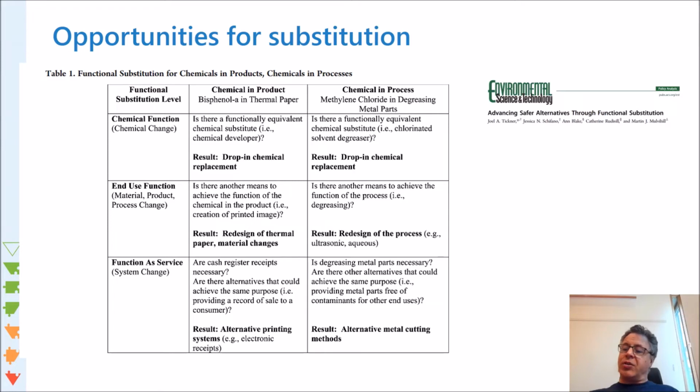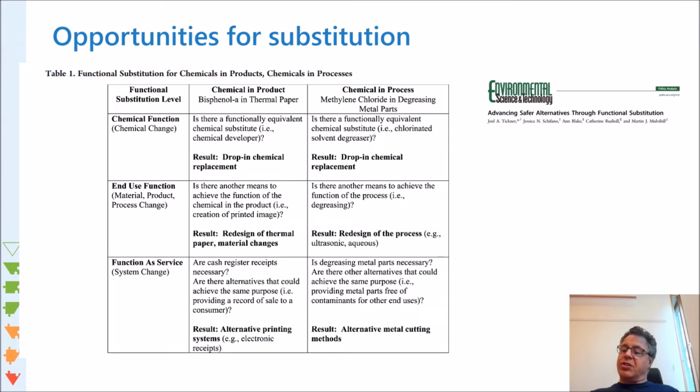The example I want to use is for bisphenol A use in thermal paper, which is in the middle column of the table above from the paper on functional substitution by Joel Tickner and colleagues. Thermal paper is used in paper receipts we get in the stores when we buy stuff. Handling these paper receipts has been shown to be a pathway of human exposure to bisphenol A, which is an endocrine disrupting chemical.